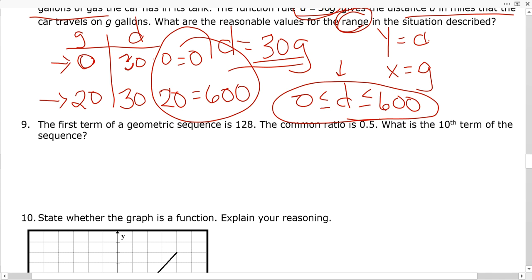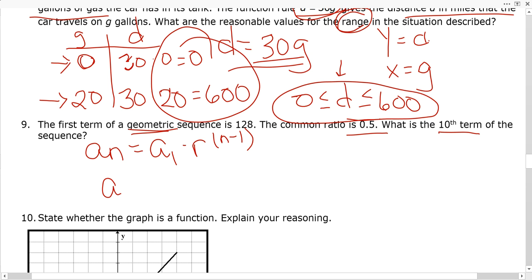Okay, number 9, geometric, which means I have a sub n equals a1 times r to the n minus 1. So the first term is 128, and the common ratio is 0.5. I'm looking for the 10th term.